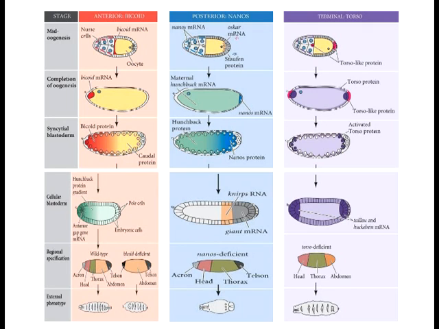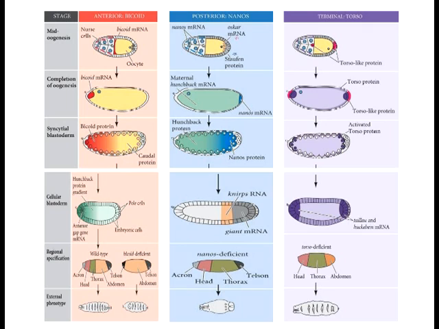So bicoid is the mRNA that is then translated into protein. Now these form what we call morphogen gradients, which are just high concentrations of protein diffusing out from a high to a low concentration across the cytoplasm. If you look, you can see that the bicoid mRNA is sequestered to the most anterior end of the oocyte, and as the protein is translated from the RNA, it just diffuses out, and you form this morphogen gradient.